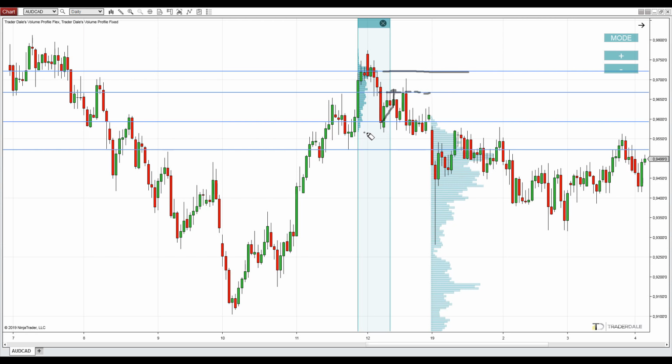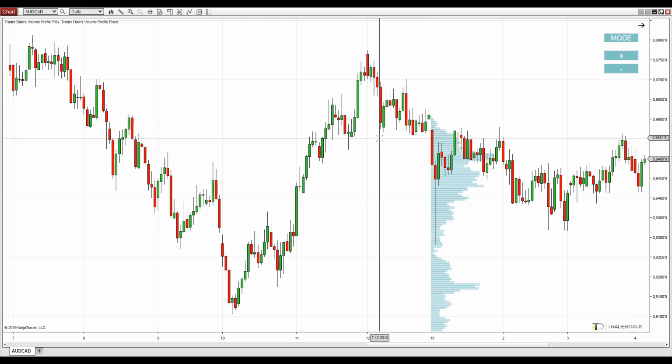Secure your position below the reaction point. So it would be in here. You would secure by moving stop loss to this level. Then the price turned and you would quit the trade in here with minor loss. That's how I would have traded it if I were using the volume-based take profit.